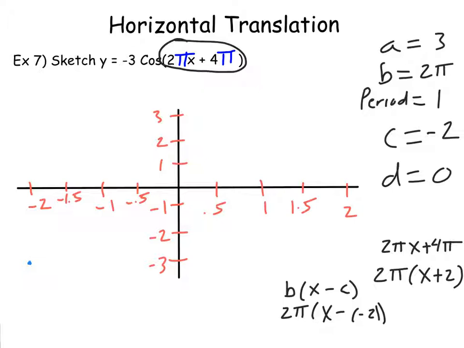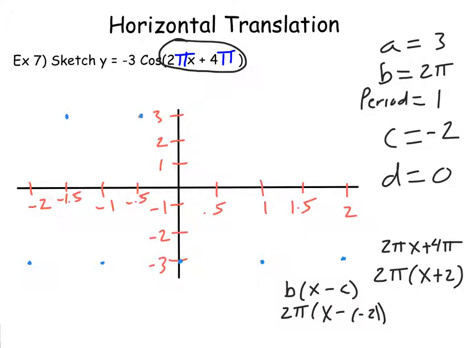And now I'm just really going to use the period of the graph, which is 1. So if I go to negative 1, I know I should be back at my minimum. And then 0, I should be back there again. And at 1. And at 2. Okay? If I go halfway in between, like at negative 1.5, that is where I should be up at my max.